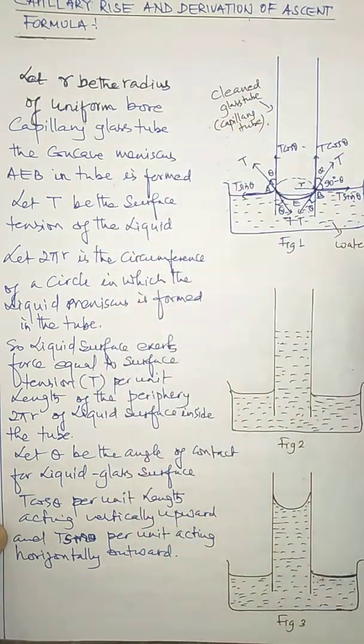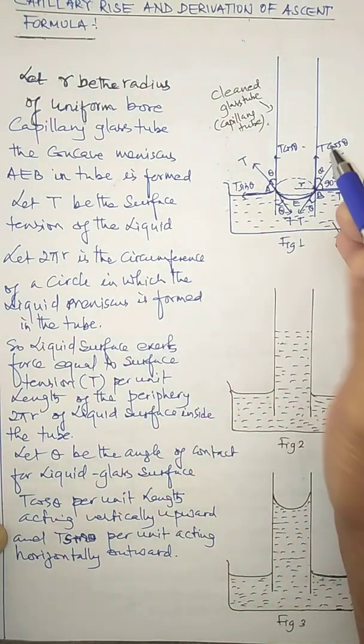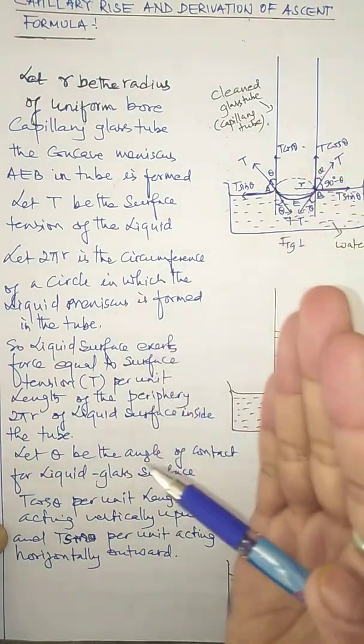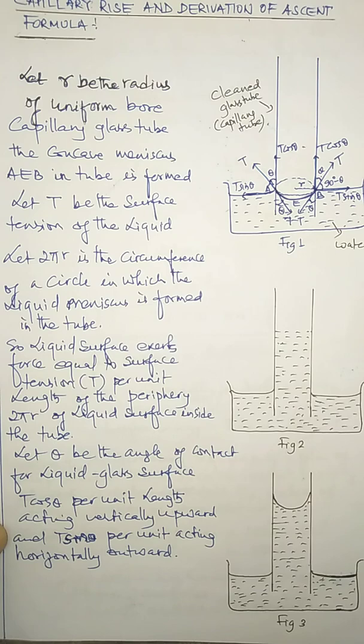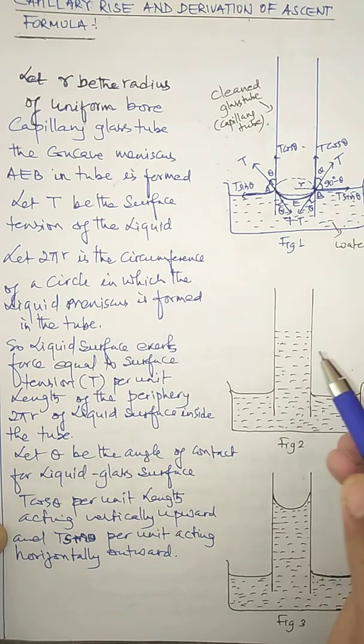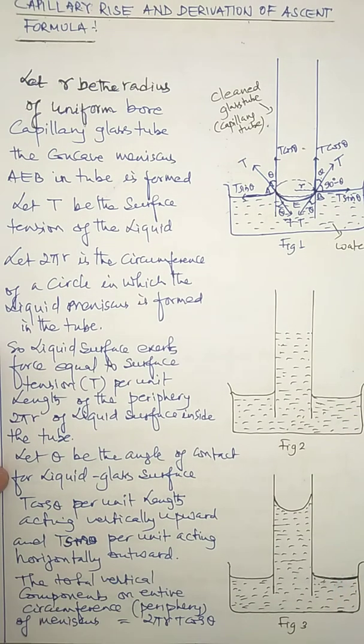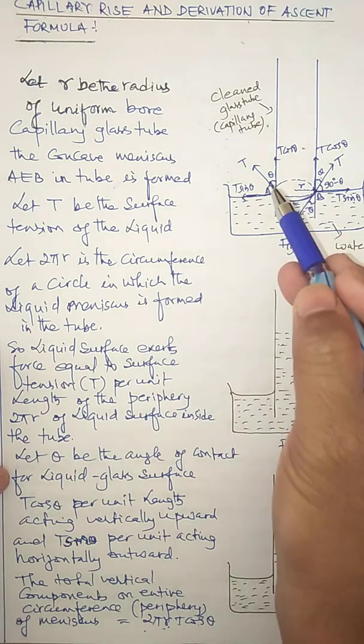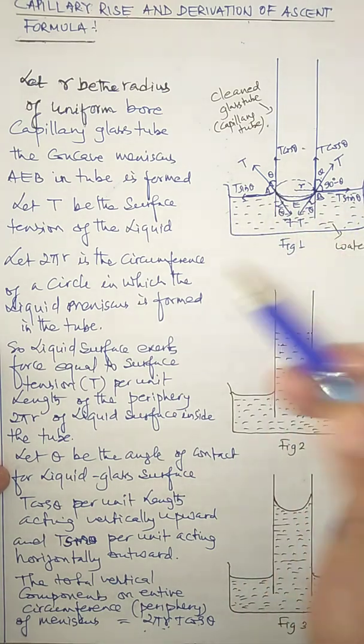And for the total circumference, this force will act. So the total vertical component acting on the entire circumference of the circle is given by 2 pi r T cos theta. So this is the vertical component which has been added up, whereas the horizontal components neutralize or cancel each other.